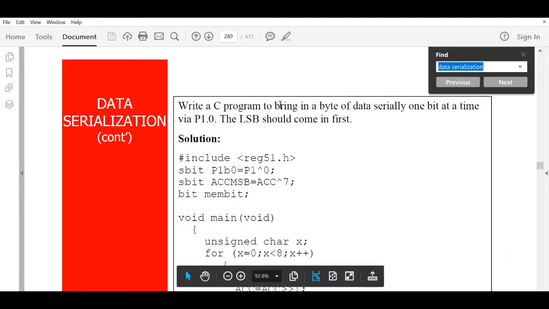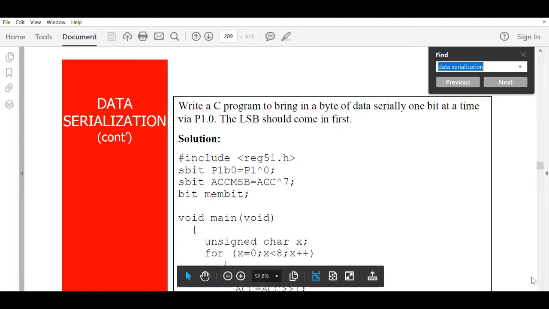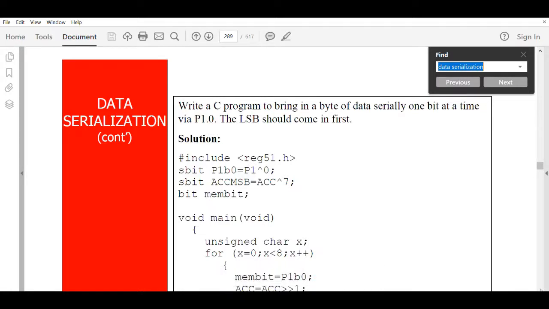Write a C program to bring in a byte of data serially, 1 bit at a time, via P10. LSB should come in first. So you want to fill the accumulator with 8 bits of data, 1 bit at a time, and P10 will have the data which should be transferred to the accumulator.